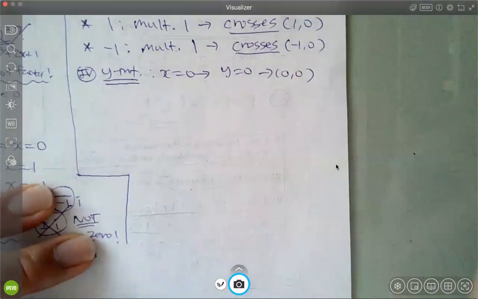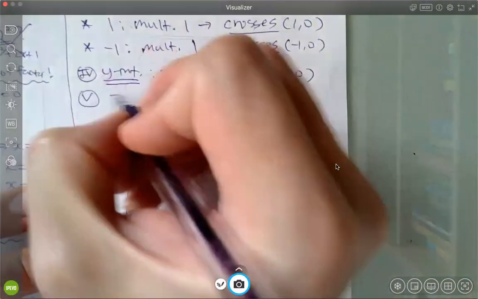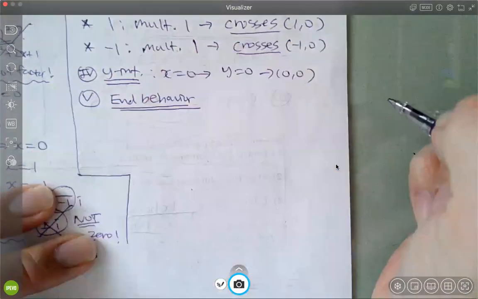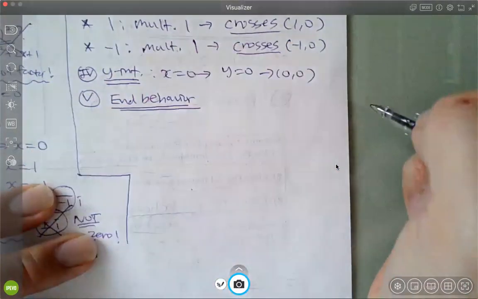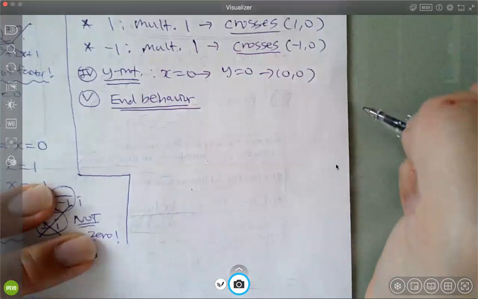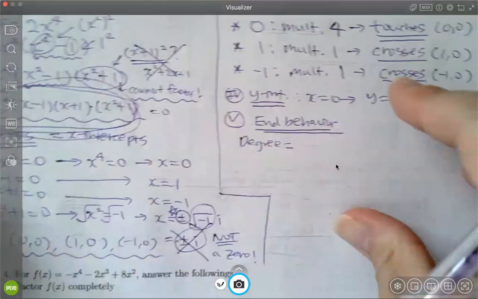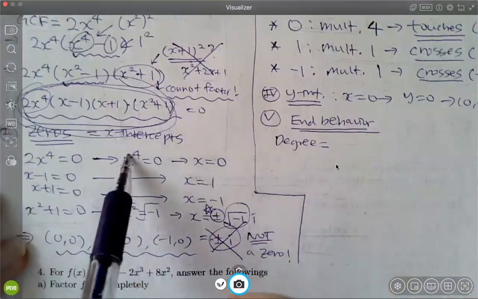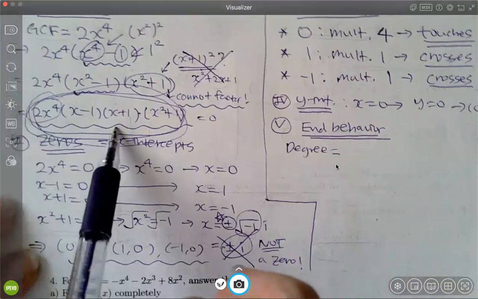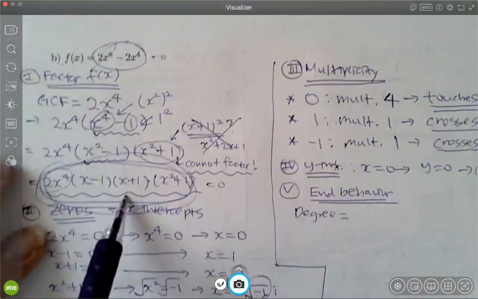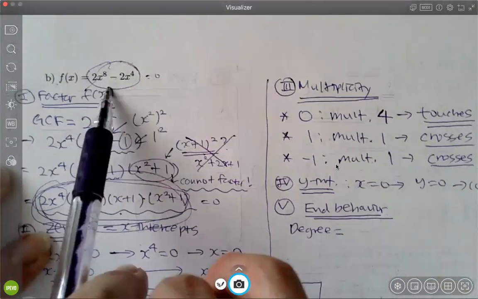Now, the next step, the end behavior. Remember, to find the end behavior, what do you need? The degree and the leading coefficient, right? So here, what is the degree? If you look at this factored form, it might be tough to find the degree, but that's okay, because we can look at the original f of x, the given expression.